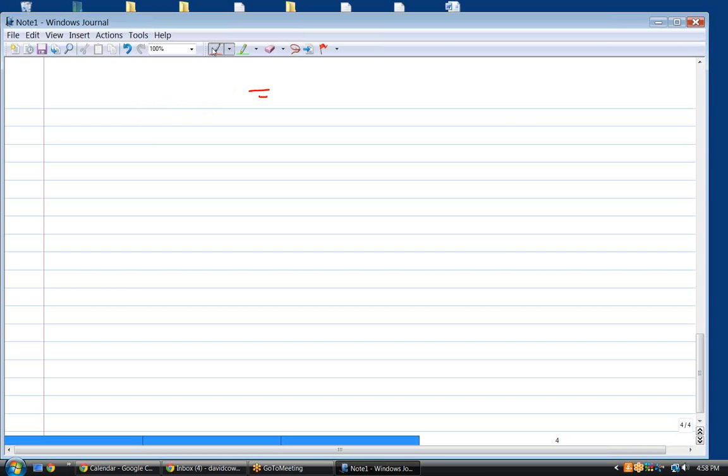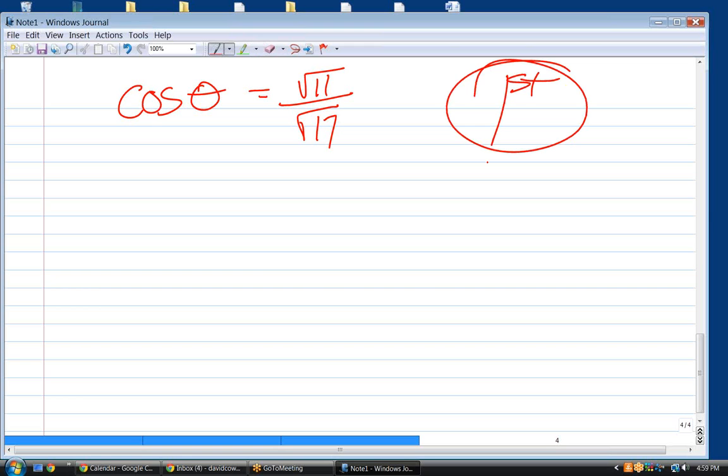It says, suppose the cosine of theta is square root of 11 over the square root of 17, and theta is an acute angle. Okay, so theta is in the first quadrant. That's all that means. And then it wants you to find the exact value of tangent.